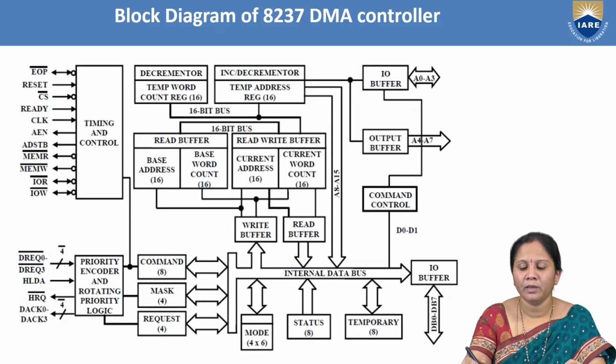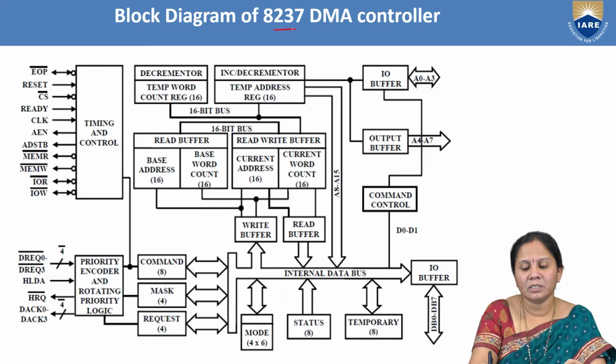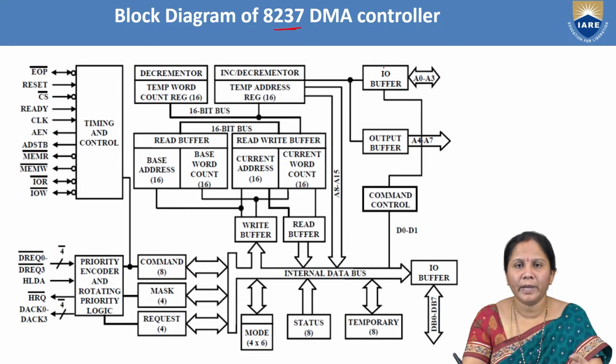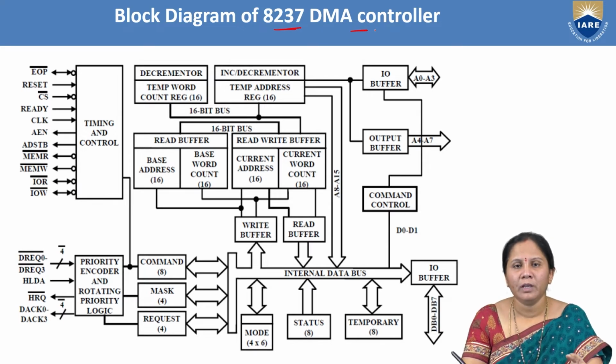Now, another DMA controller is also there, not only 8257. Another DMA controller is 8237. So in the previous sessions, we have discussed this 8237 DMA controller. We have seen the features and also discussed the pin configuration.